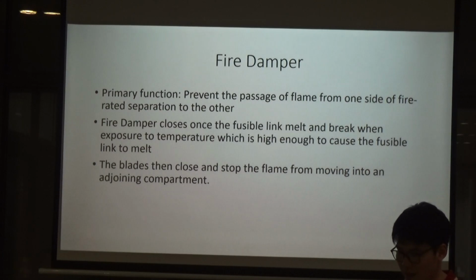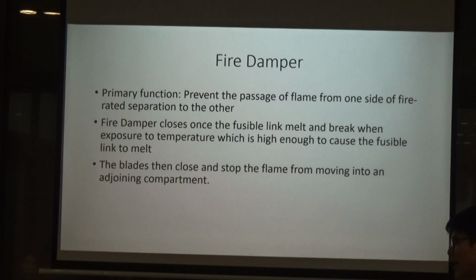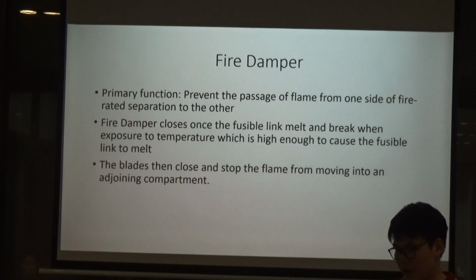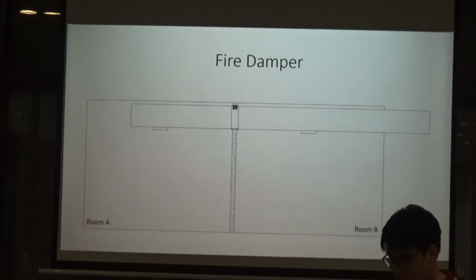Then the primary function and how it works: we have a fusible link. At 74 Celsius, the fusible link will melt and the fire damper will close. It will prevent the fire from spreading to the next compartment. This is the basic illustration.